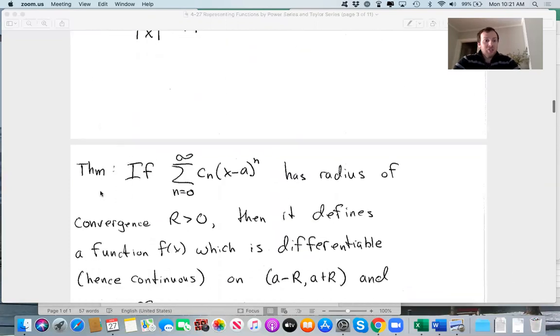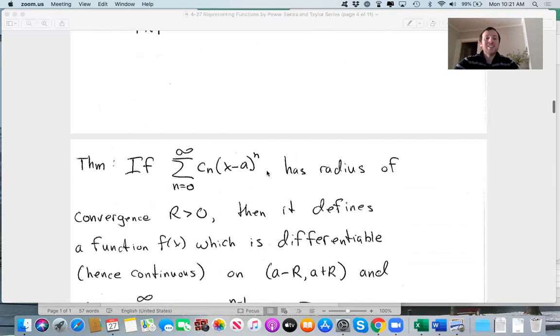What is surprising is if you write down any series at all, and you can check it converges somewhere, the thing you wrote down is differentiable. So representing functions by power series not only gives you a lot of flexibility in what series look like, but the things you come up with in this way are actually very nice functions.